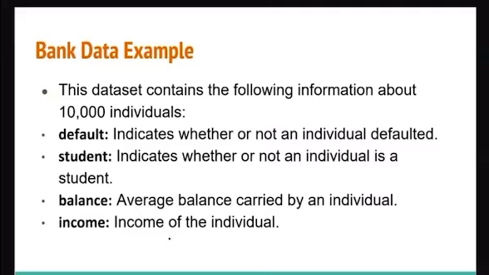We have a data set. The bank currently has this data set of 10,000 individuals, and that data set has these variables. Some of them defaulted, based on the record in the bank, and some of them did not. And some of the customers are students.